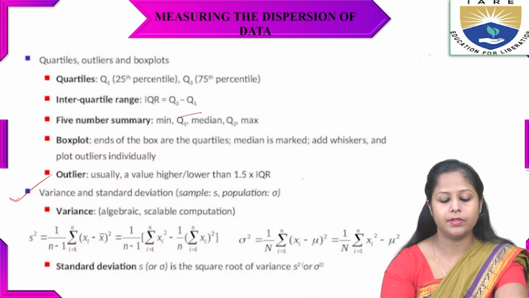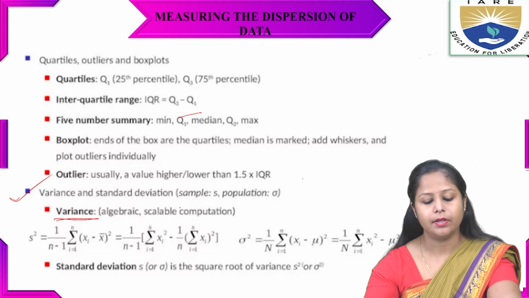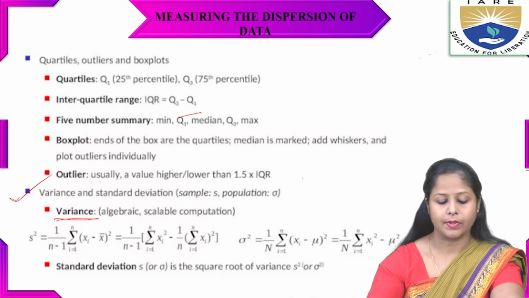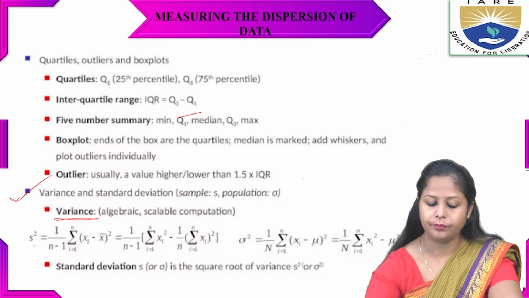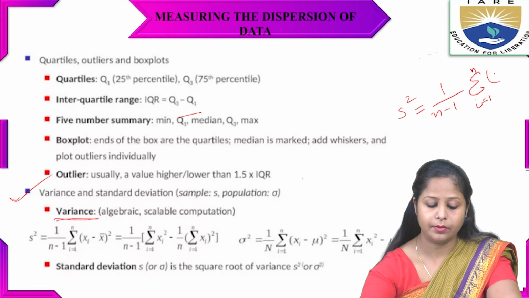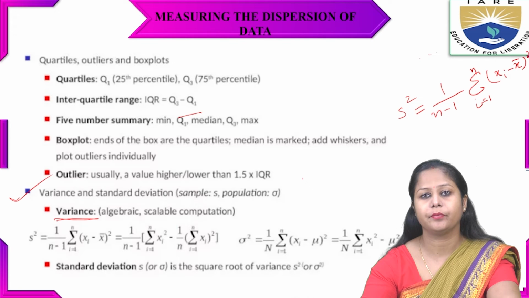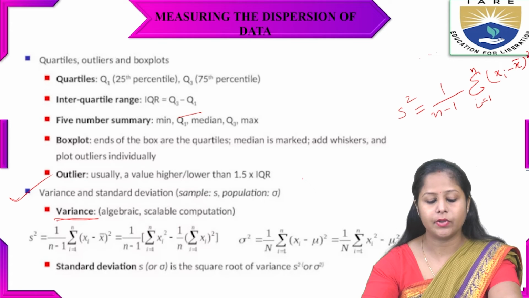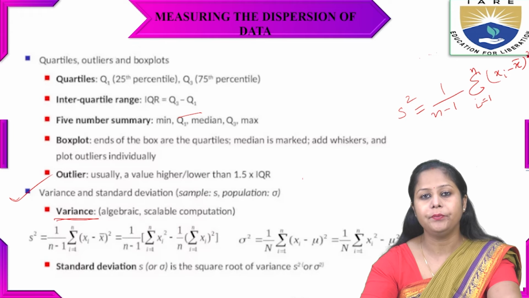What is the formula for variance? Variance is an algebraic and scalable computation. S square is equal to 1 upon n minus 1, summation from i equals 1 to n, of xi minus x bar, whole square. That is the calculation to compute the variance.